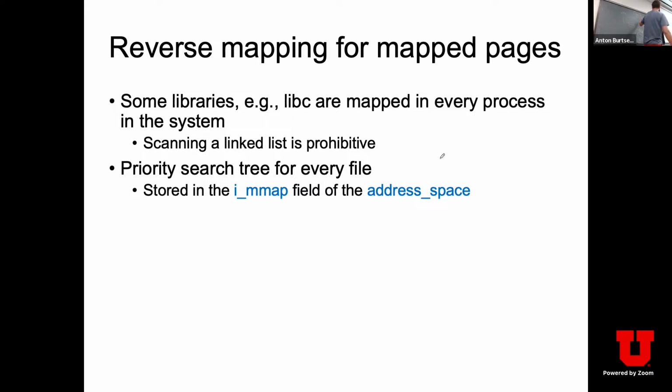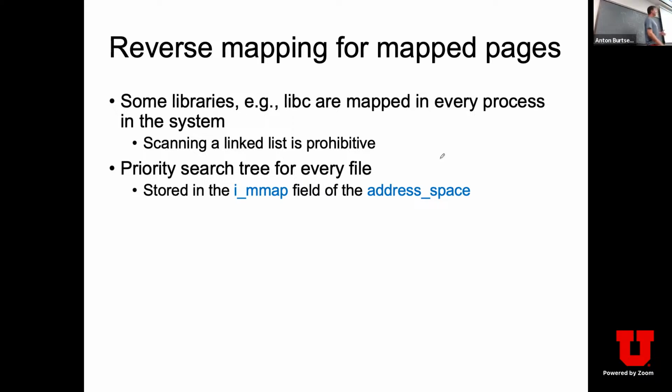Remember that when we go from a page to a linked list, in order to figure out all the mappings, all the page table entries in which the page shows up, you traverse the linked list. That's fine when the number of mappings is 5, right?